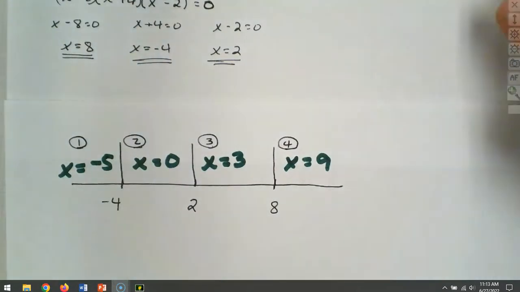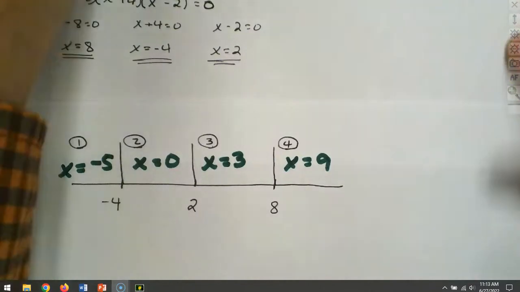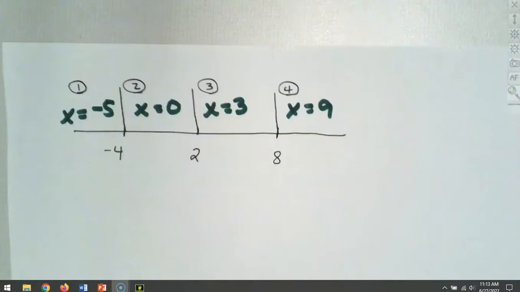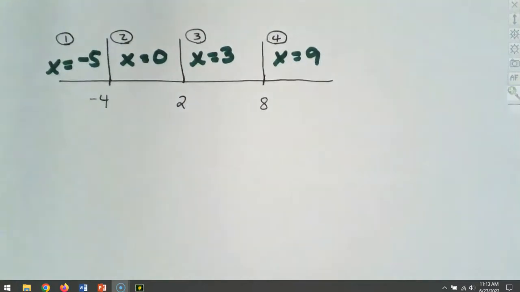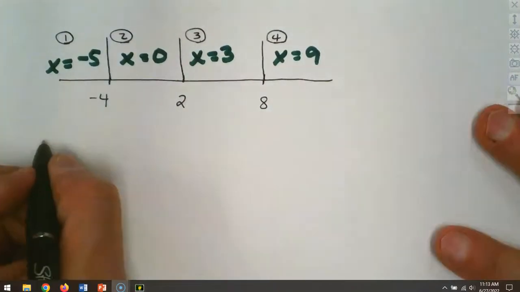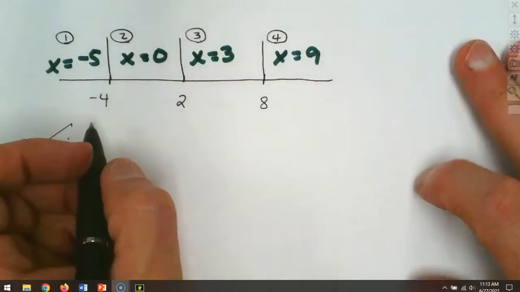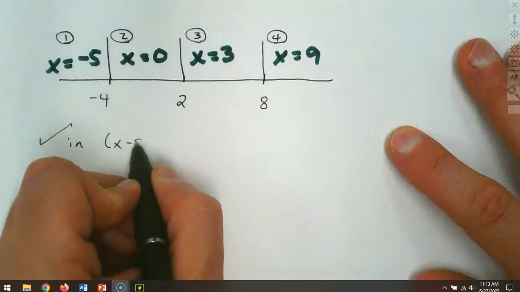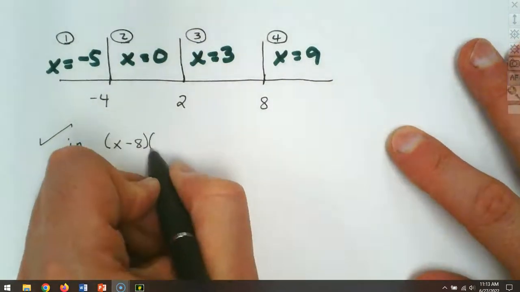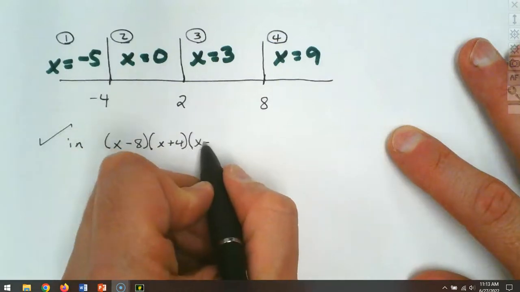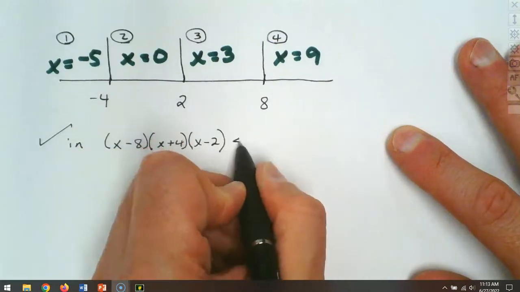And we're going to check each region back in the original, before we factored it, before we did anything else. So we're going to check them back in x minus 8, x plus 4, x minus 2 is less than or equal to 0.